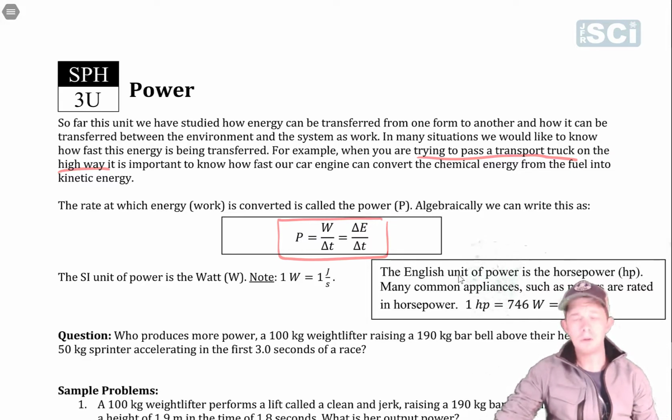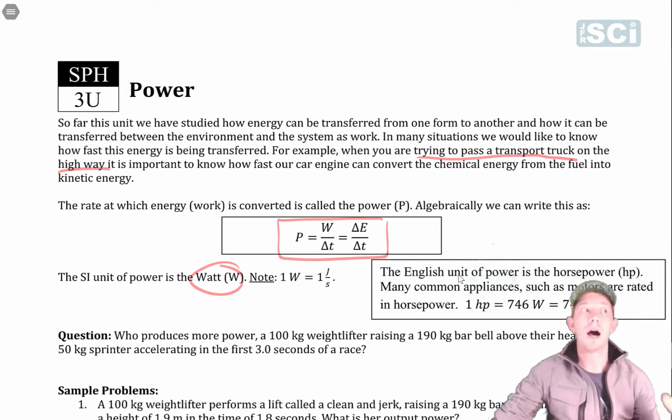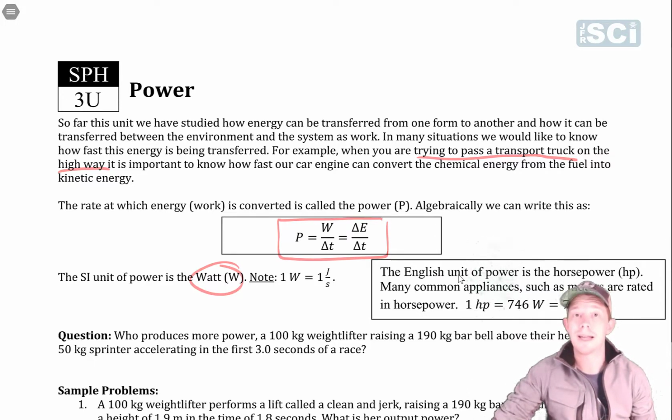The units for power are measured in joules per second, more often referred to as the watt. If you think about the electric light bulb in your house, you often see 60-watt or 100-watt light bulbs. It's just a reference of how much energy they use per second.